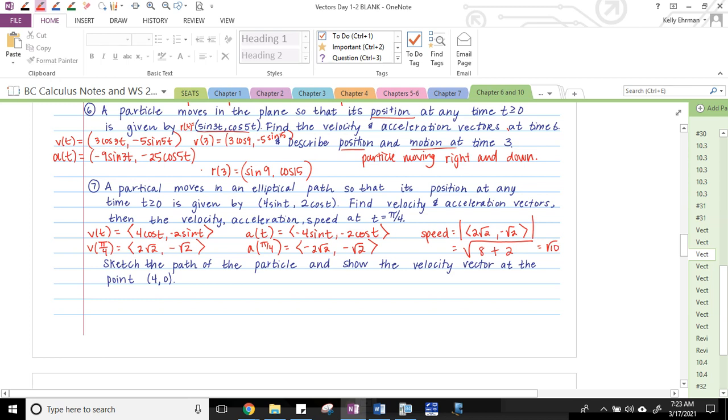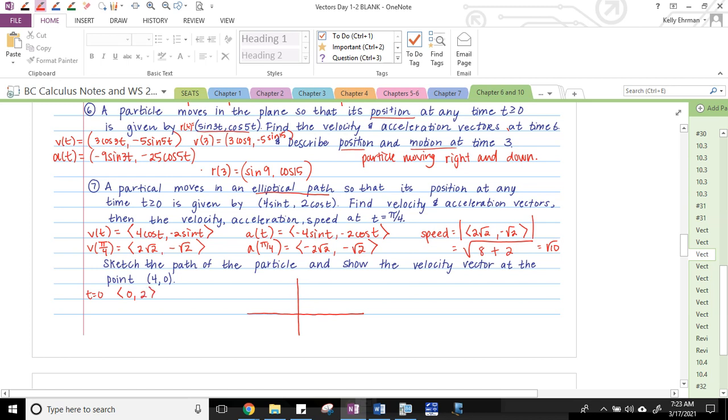Sketch the path of the particle and show the velocity vector at the point 4, 0. It tells us it's an elliptical path. So I know I've got an ellipse. To sketch the path, I might say, let's just start at t equals 0. What's the position at 0? 4 times sine of 0 is 0, and 2 times cosine of 0 is 2.